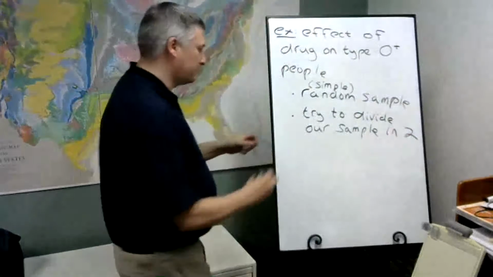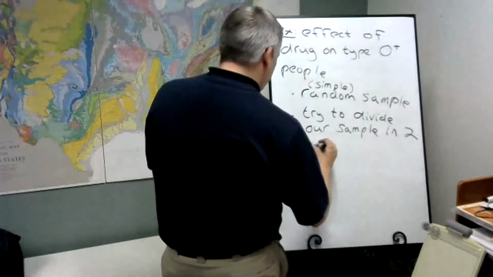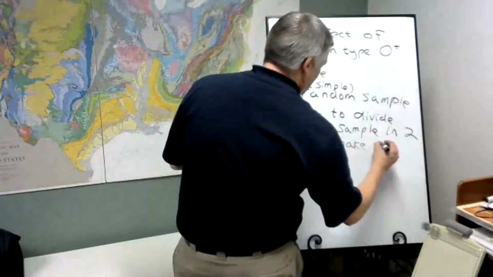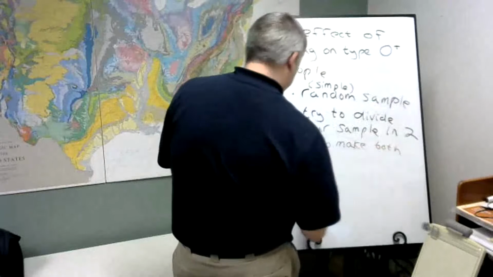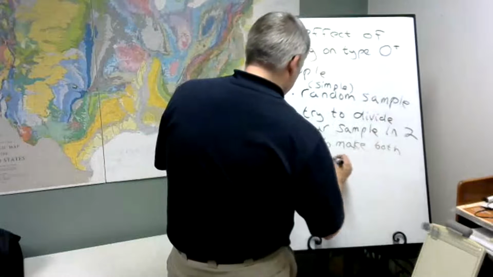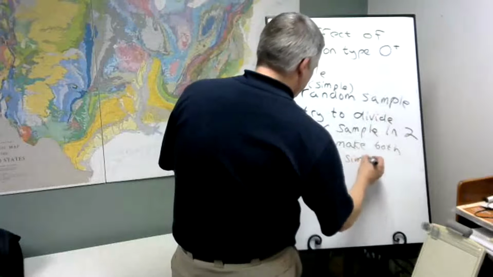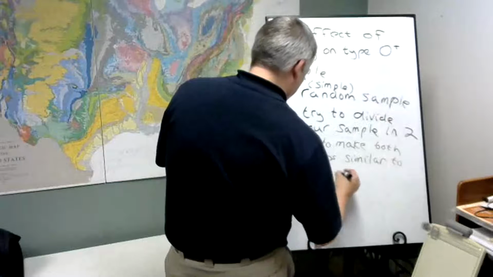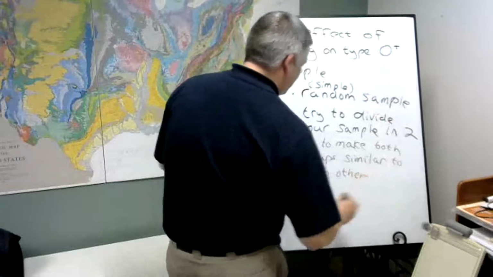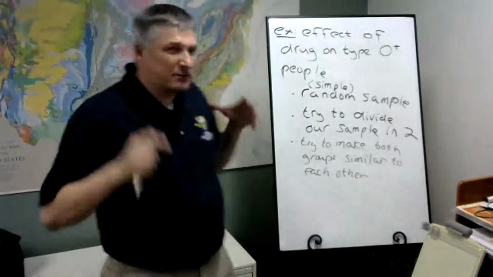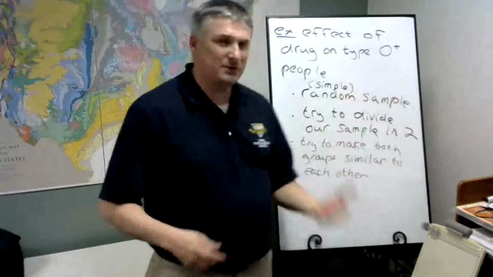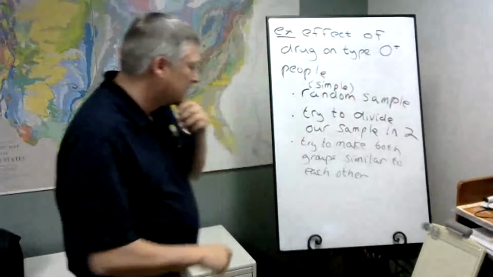I'm going to divide it into two groups and we're going to try to force both groups similar to each other. So you already have a group of people who share a common characteristic, and then we're going to divide this into two groups and try to make these two groups as similar as we can.